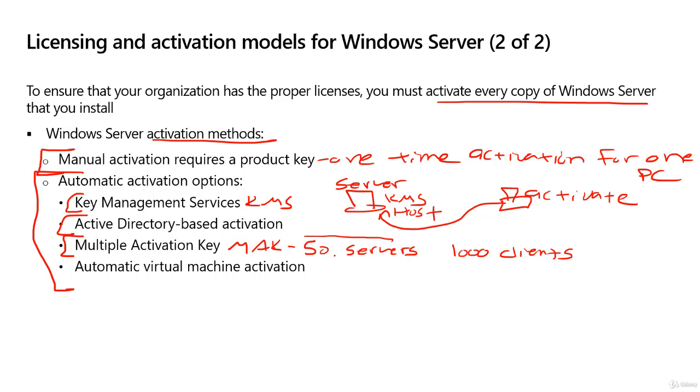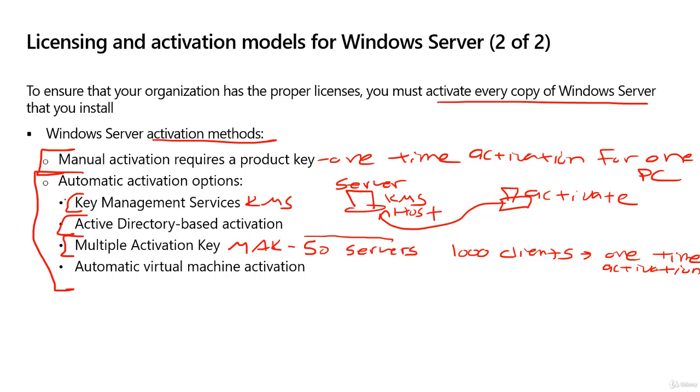You have 1,000 activations with the product key, so your client operating systems would connect through the internet, they would activate, and just reduce your remaining count by 1. Now, this is a one-time activation, meaning you don't reactivate. Short of you installing the operating system, you'll never reactivate again.